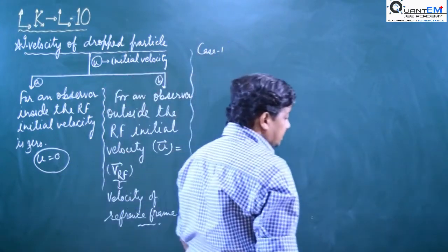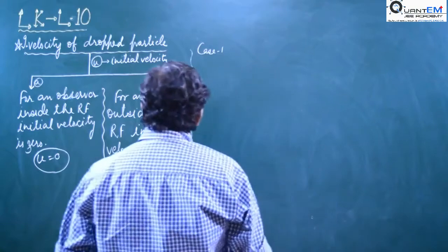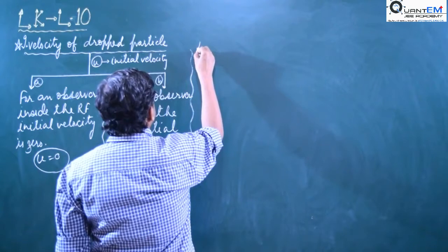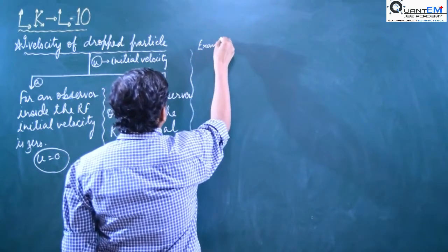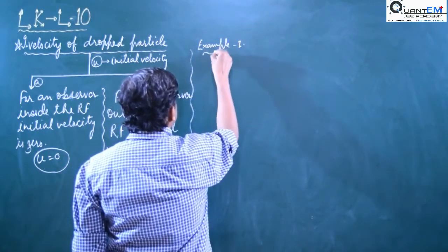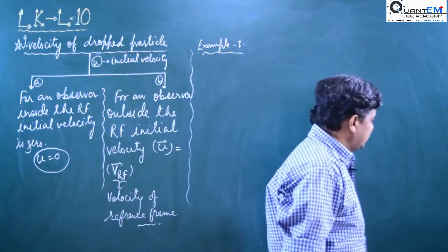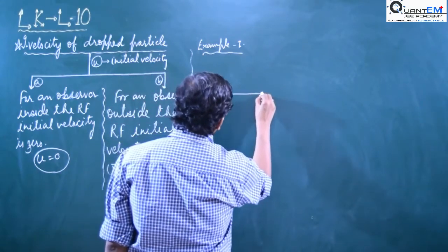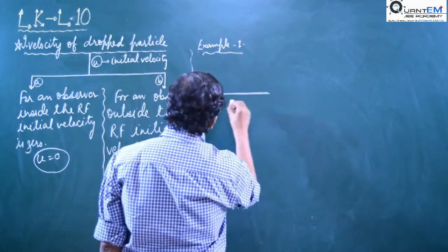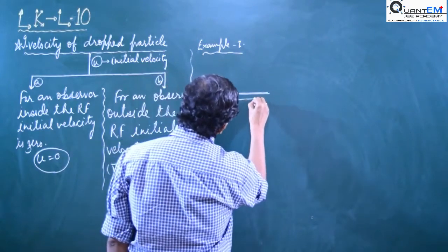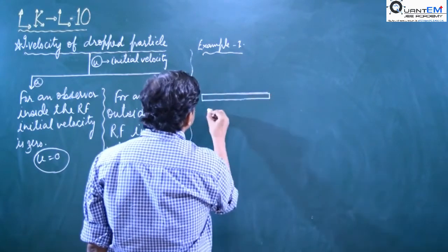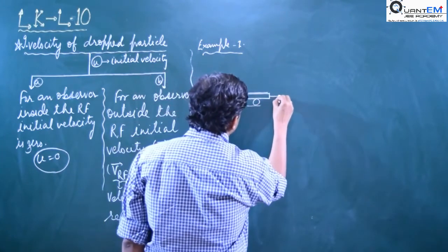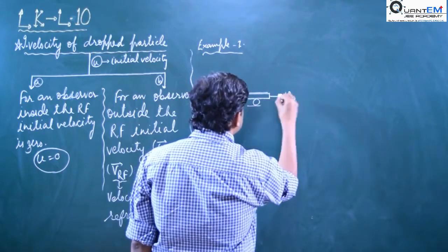We take one example here, one experiment, say. Visualize this condition. So it is a trolley, and this trolley is moving in the horizontal direction with what velocity?